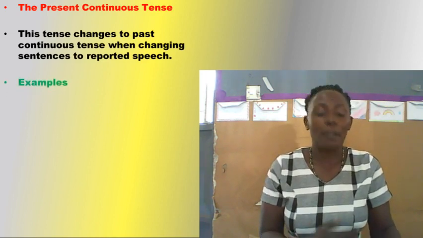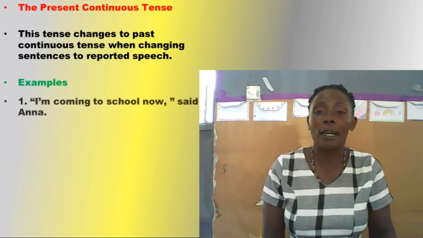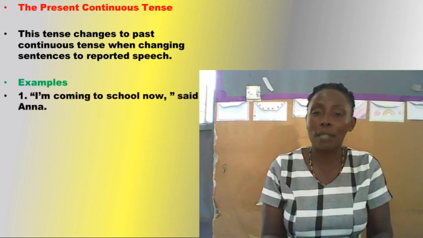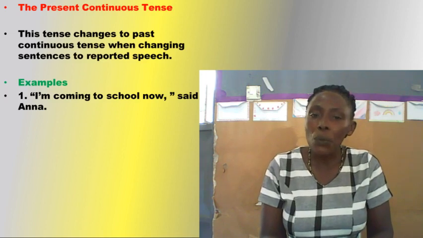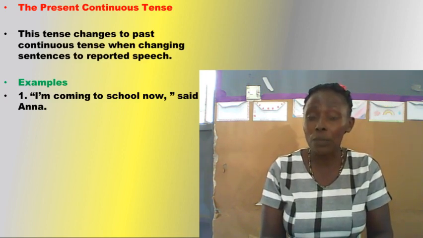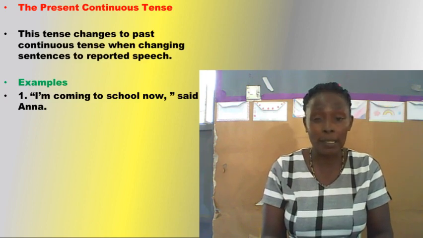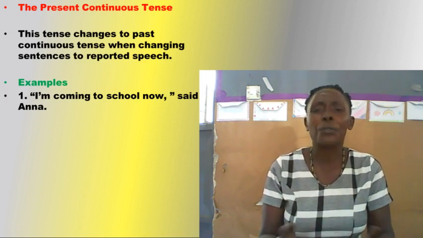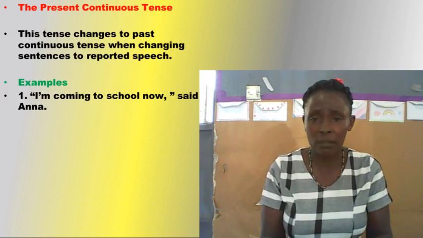Let's look at our examples, dear candidates. Example 1 says, "I'm coming to school now," said Anna. These are Anna's words. You heard Anna saying these words. Now, if you are to report what Anna said, you have to make some changes. And what are these changes?